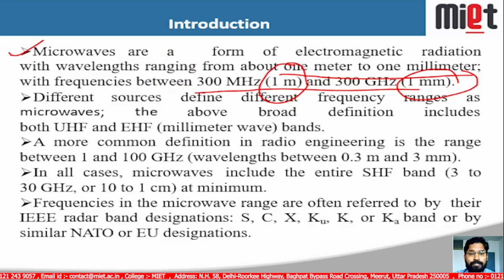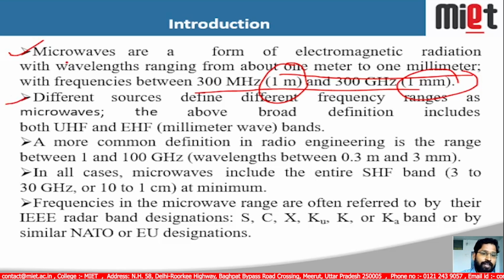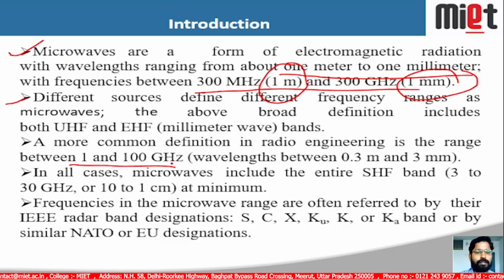And after that, we discuss the different sources and frequency ranges of microwaves and the definition of microwaves. You can see here, a more common definition in radio engineering is that the RF, radio frequency, range is from 1 gigahertz to 100 gigahertz. In terms of wavelength, it varies from 0.3 meter to 3 millimeter.